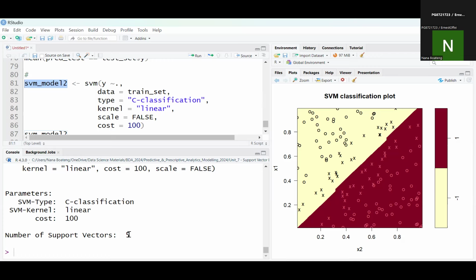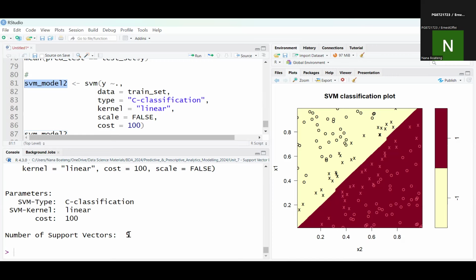You might also want to check the accuracy of your model, whether it is improving or not improving. Because there are some instances whereby you could increase the cost, but your model will not be improving. So there is no point increasing the cost. Based upon the kind of data set you have, you are getting to the optimal level of the support vectors that you need to use.